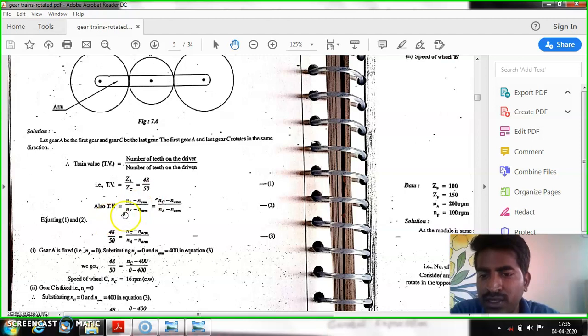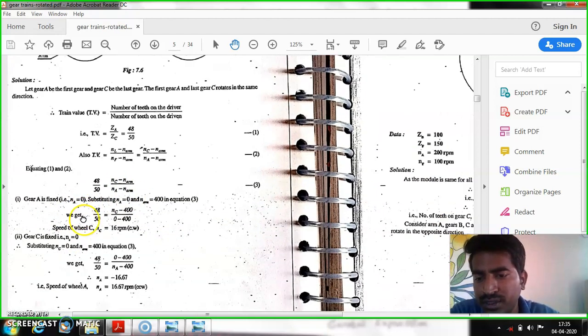Now train value is nothing but what? Generalized expression: speed of the last gear minus speed of the arm, by speed of the first gear minus speed of the arm. So here last gear is C, so NC minus NR divided by NA minus NR. Now let us write it here. 48 by 50 is equal to NC minus NR by NA minus NR.